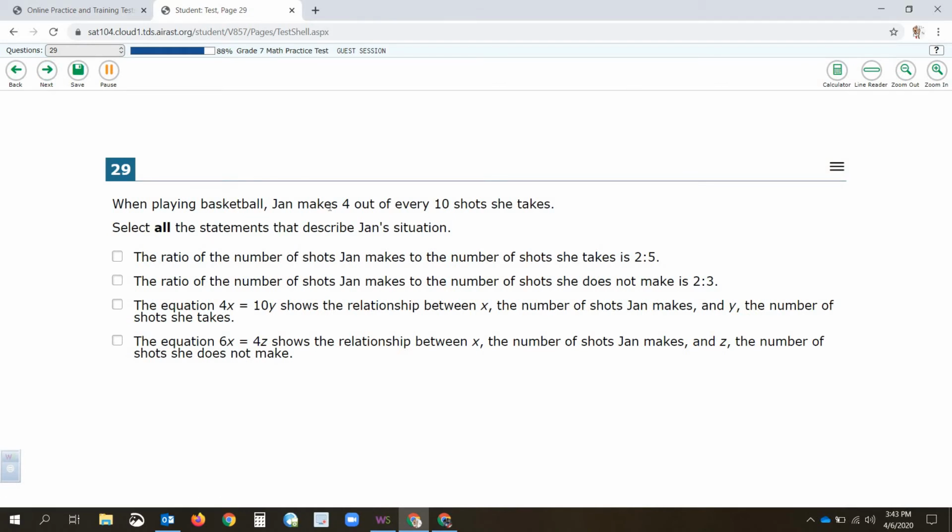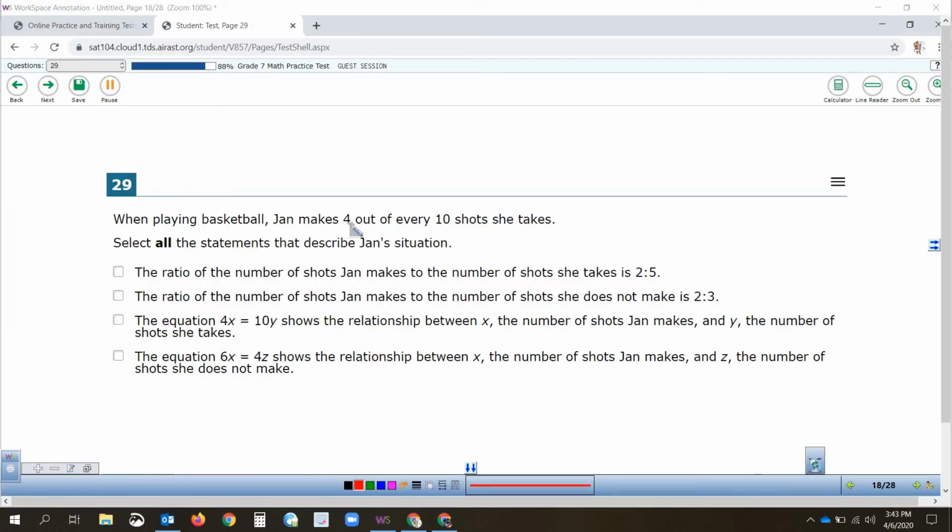Here we go. When playing basketball, Jan makes 4 out of every 10 shots she takes. So Jan makes 4 out of 10. All right, so before I actually read through what they're asking, I like to just do some math with what they gave me, because oftentimes by doing that, I'll have the answer.